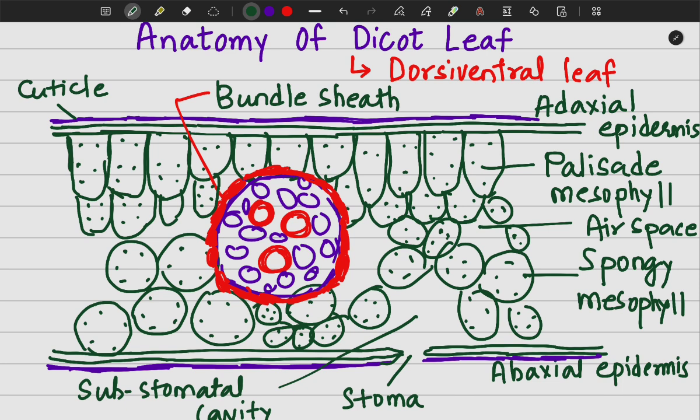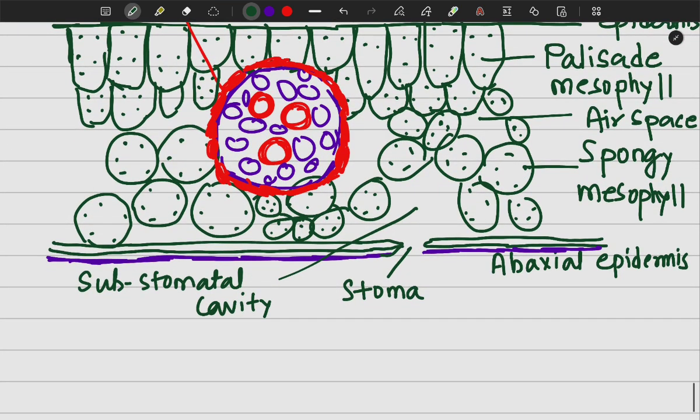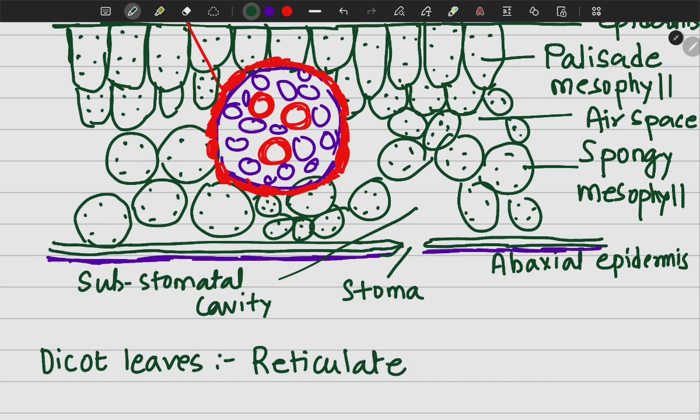Both of these types of mesophyll contain chloroplasts and carry out photosynthesis. Then whenever there are veins or midribs inside the leaf, usually at those places we can find the vascular bundles. The vascular bundle is covered by thick walled cells which are called bundle sheath. If you remember when we studied the types of venation, we studied that the dicot leaves have reticulate venation, and in reticulate venation the thickness of the veins varies.